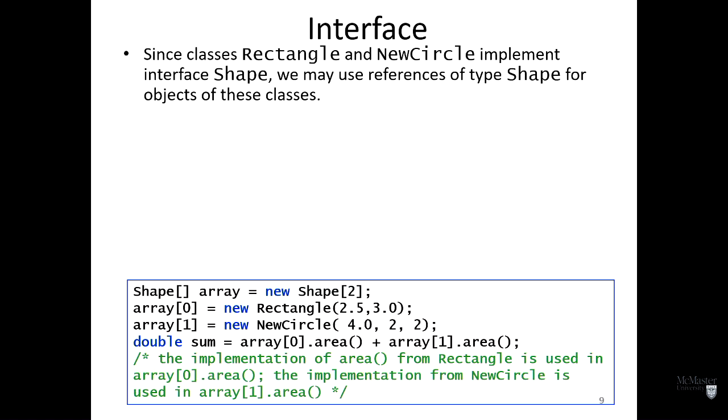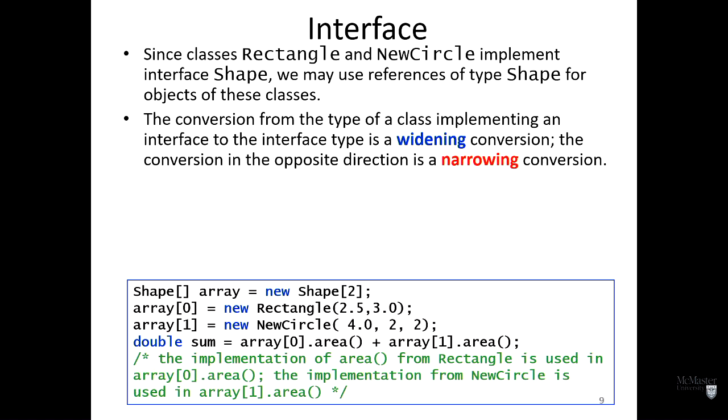For the second one, it calls the circle one. You calculate the correct area and then you add them up. What did we call this? This had a terminology, it had a name. Dynamic method binding, right? So it's dynamic binding. During runtime, you know which method you are calling. Is there any question on this code?